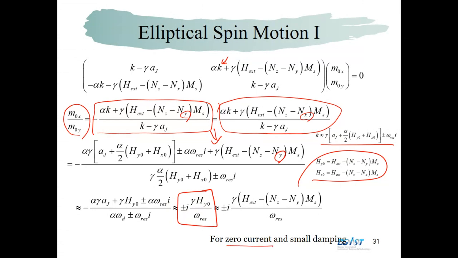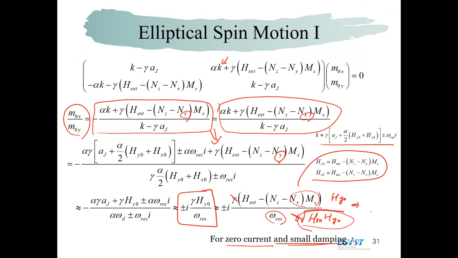We assume the zero current and the small damping case. So this is actually gamma root hx0 hy0. Please remember that. So gamma can be dropped. And this comparison is between the geometrical average of these two anisotropy fields, and this is nothing else but hy0.